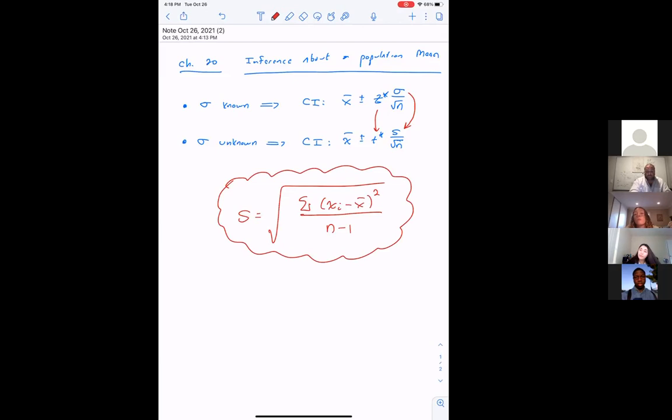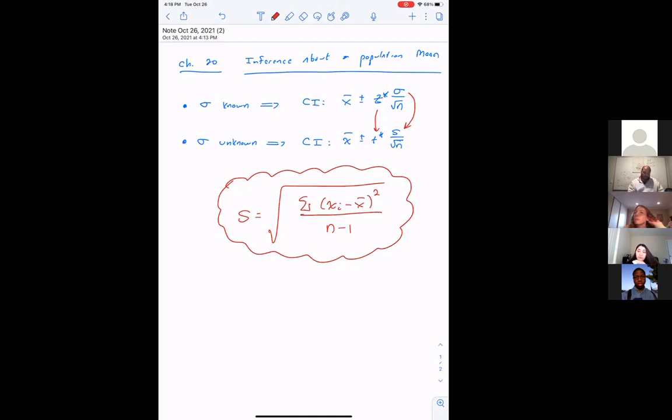Okay, but at this time, the next question is, how do I find t star versus z star? And the answer again is we're going to use tables, just like we used z star tables. There are t star tables, and I believe the last thing we did last time was show you the table of t star.